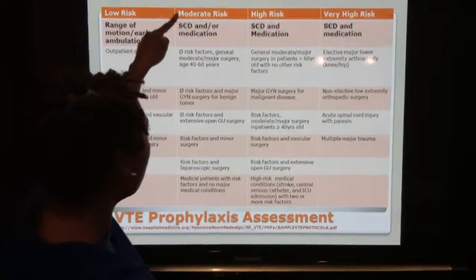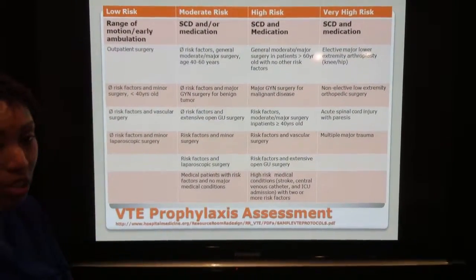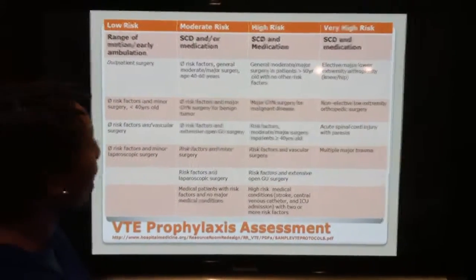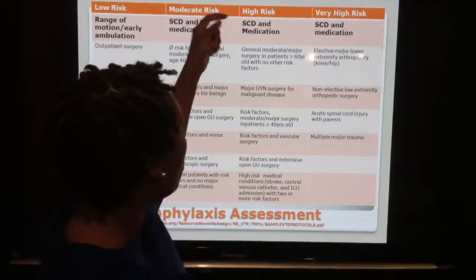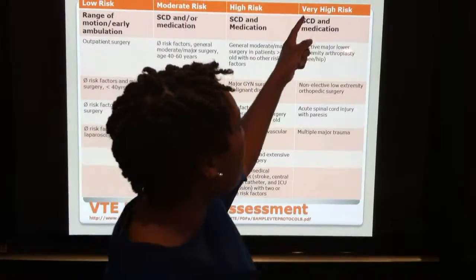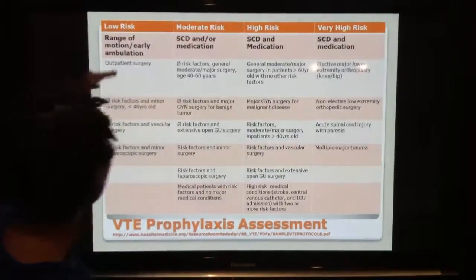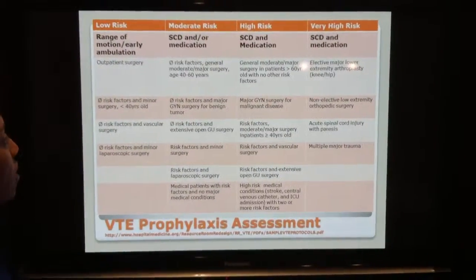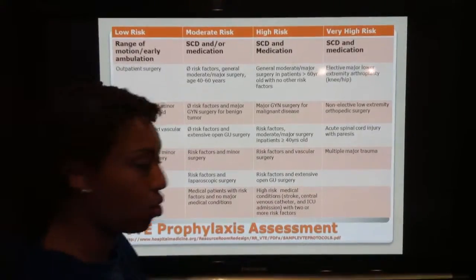Patients with moderate risk, you would use SCDs, sequential compression devices, and or medication. Patients at high risk, you would use SCDs and medication. Very high risk, SCDs and medication. And please refer to your handout for the list of different scenarios that would put patients in these categories.